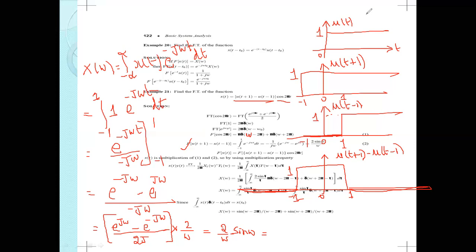Okay, my dear friends. So from this function, I am writing here that we got two values. One is 2 sine omega by omega, and another one is pi delta of omega minus 2 pi plus pi delta of omega plus 2 pi.